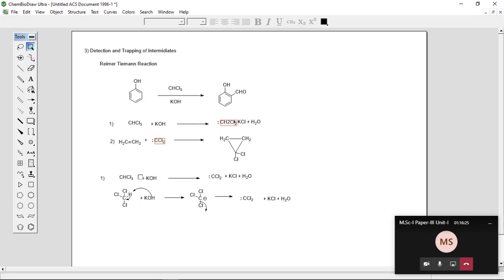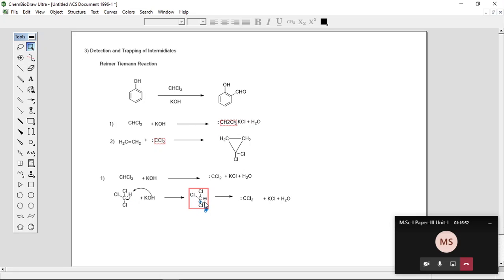So your reaction mechanism is very simple. Your KOH reacts with this chloroform, takes a proton, and generates carbene. Here the C-H bond has one electron shared by carbon and one by hydrogen. KOH takes this hydrogen as H plus and both electrons remain on this carbon, so that's why there is a negative charge.